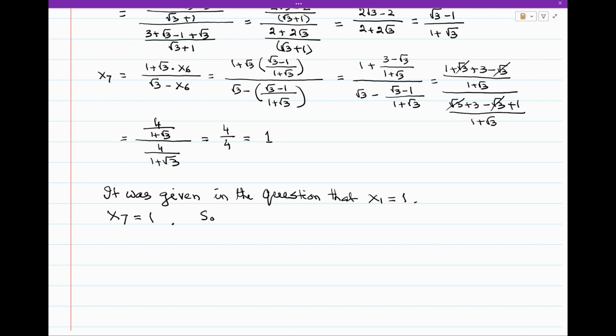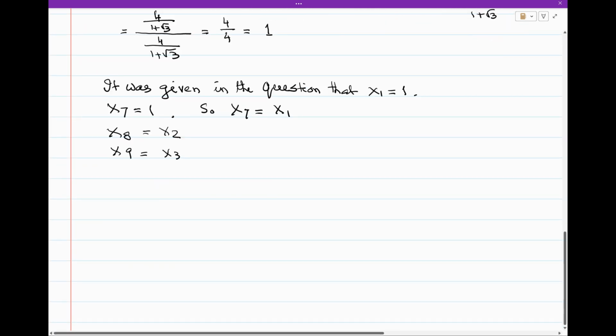So x7 is equal to x1. Can you now guess what will be x8? Since x8 will depend upon x7, just like x2 depends upon x1, the value of x8 will be same as x2, value of x9 will be same as x3, etc., etc.